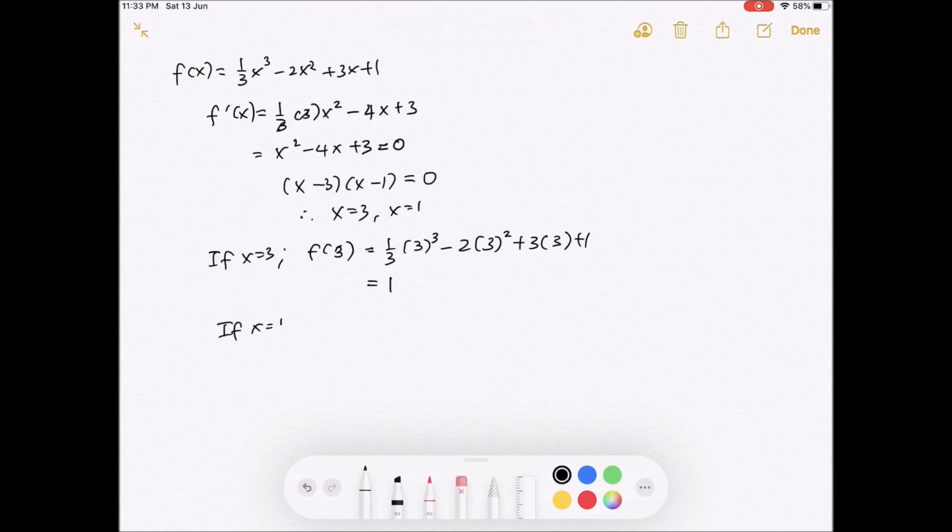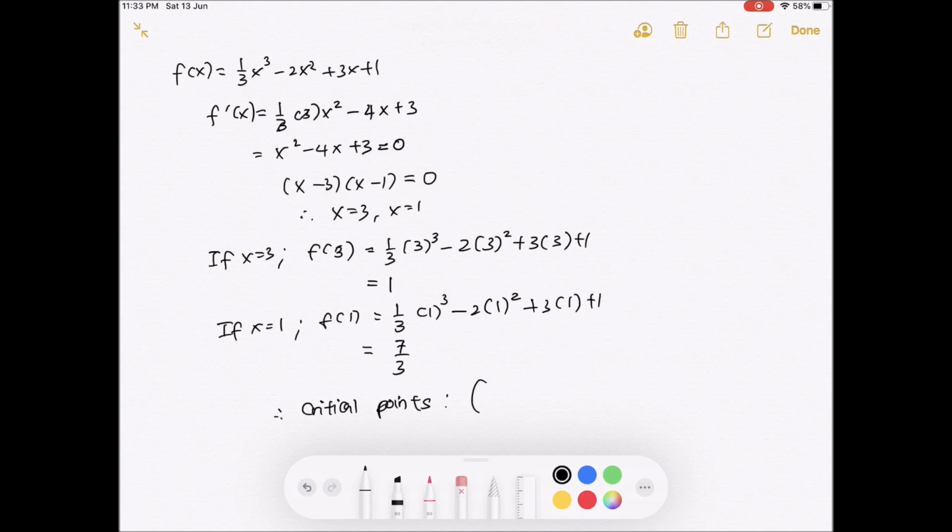And if x equals 1, we have f(1) equals 1/3 times 1 to the power of 3 minus 2 and so on, which equals 7/3. Therefore, we have 2 critical points here. The first one is (3, 1), and the second one is (1, 7/3). Remember our critical point must be in terms of (x, f(x)).